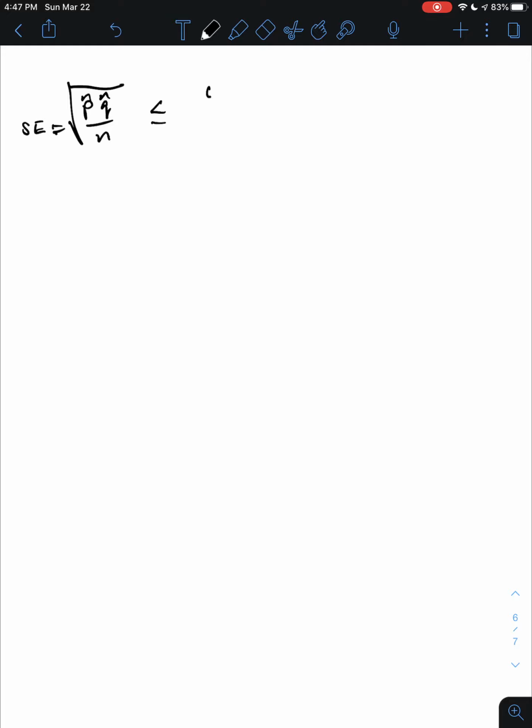And so I'm going to estimate SE by this very crude estimate. So replacing P hat with 0.5 and Q hat with 0.5 gives me an overestimate for SE, and this is very commonly used.